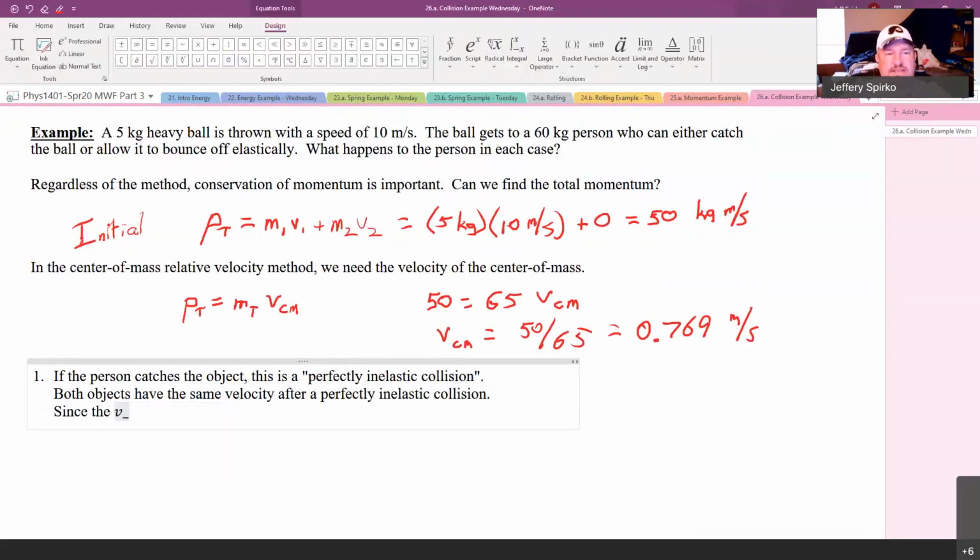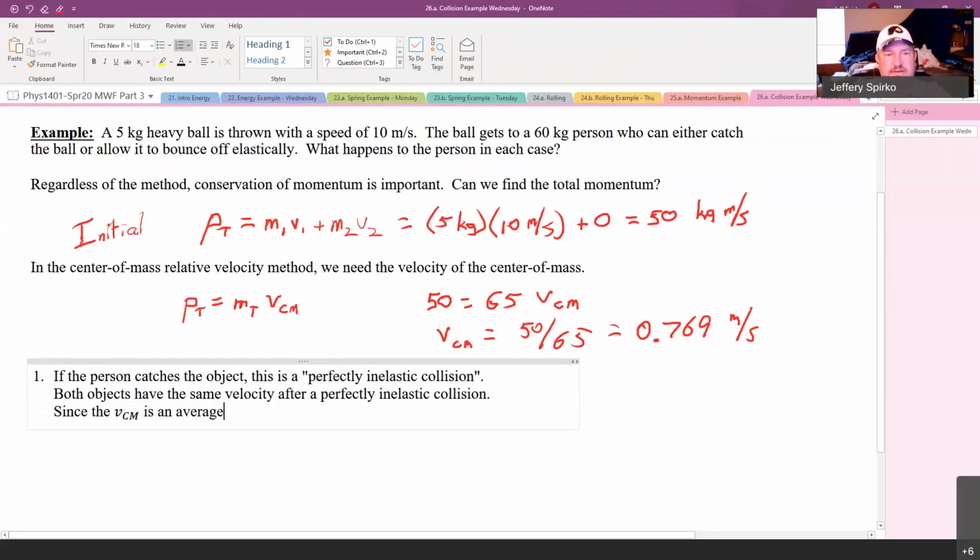Since V center of mass is a weighted average velocity of the objects, then this is now their velocity.